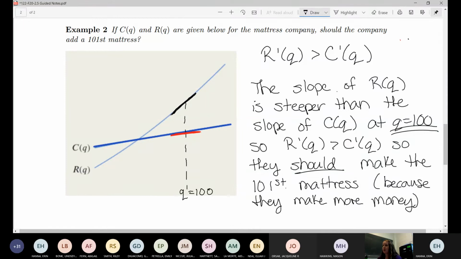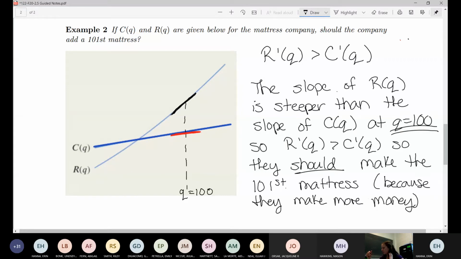So if I want to know about making the 101st thing, I have to look at the slope of the 100th thing, because that would tell me if I increase by 1 to the 101st item, how much my profit increases by. So whenever you want to talk about should they make the whatever number item, you actually want to check the marginal profit of the number one less than that.